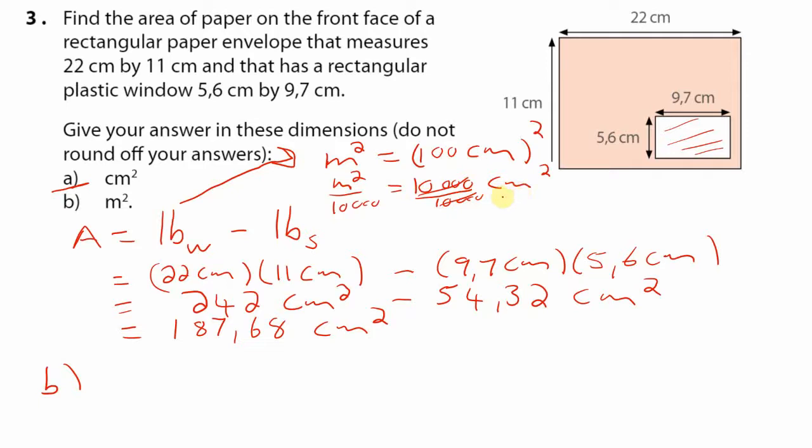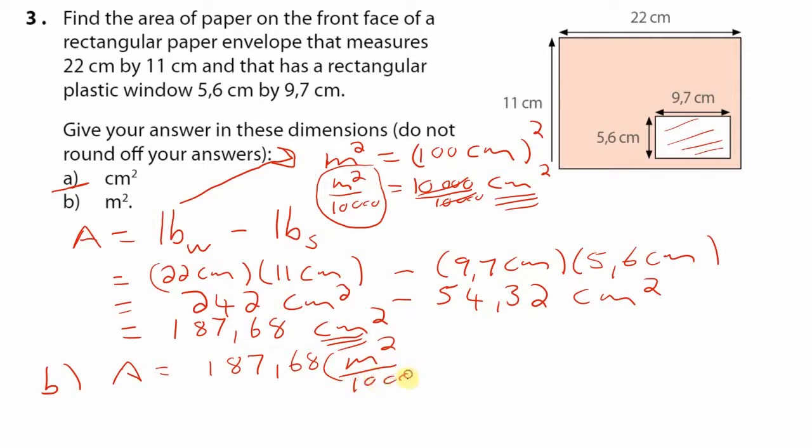Now wherever we see centimeters squared, we can replace it with meters squared over 10,000. So therefore our area is 187,68, and centimeters squared now becomes meters squared over 10,000.